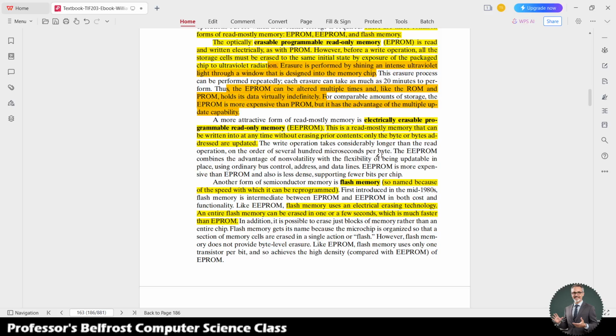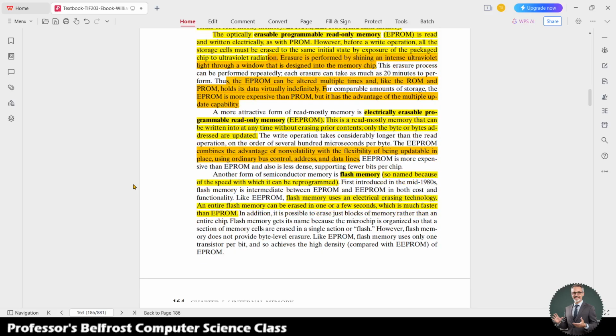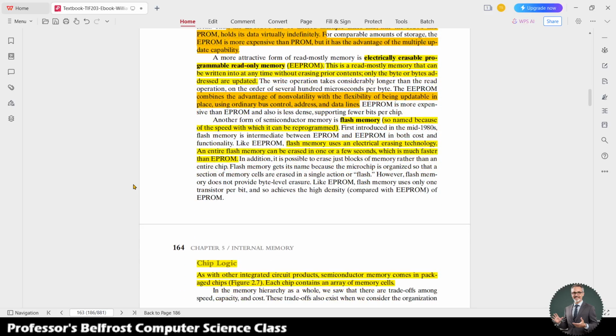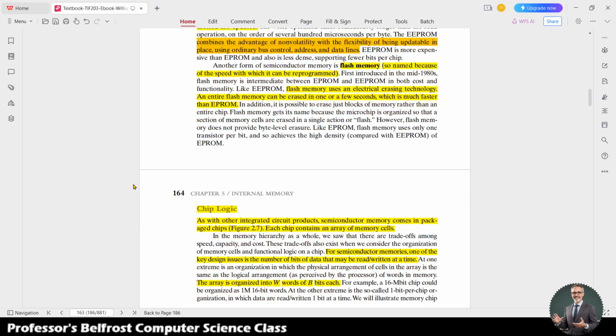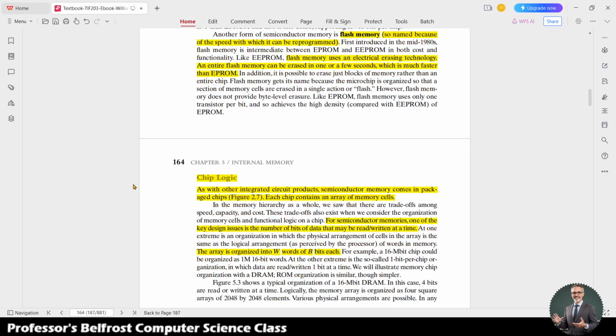EEPROM combines the advantage of non-volatility with the flexibility of being updatable in place, using ordinary bus control, address, and data lines. EEPROM is more expensive than EPROM, and it is also less dense, supporting fewer bits per chip.